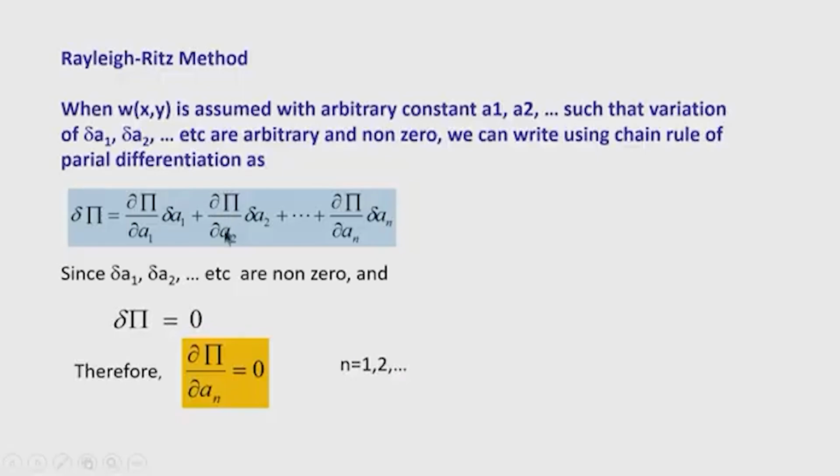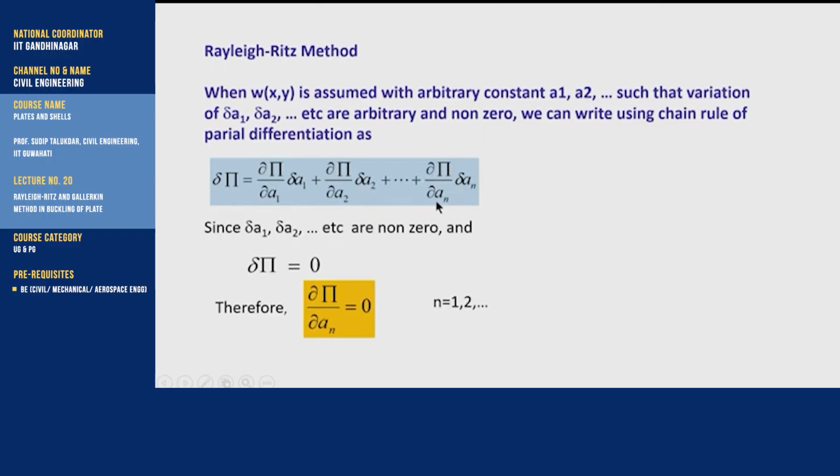Then we can write this equation: the variation of pi, that is the total potential, equals the differential coefficient of pi with respect to a1 into delta a1, where delta is the symbol of variation, plus del pi by del a2 into delta a2, and so on up to the nth term, del pi by del an into delta an.